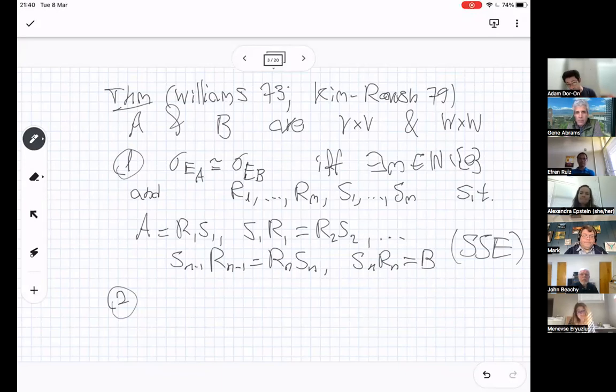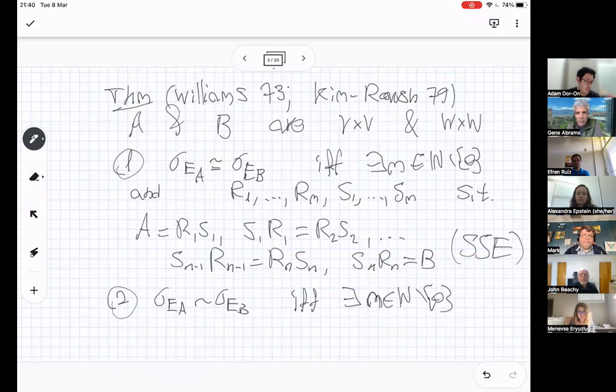And as for the decidable relation, it's the following. The subshift for A and the subshift for B are eventually conjugate if and only if there exists some lag M and rectangular matrices R and S with values in the natural numbers, such that we have four relations.